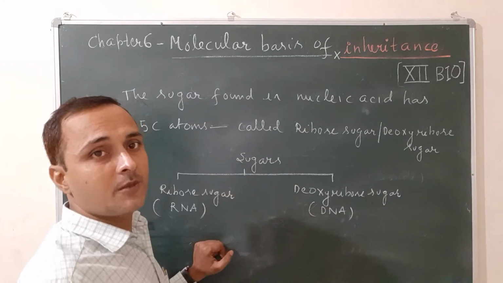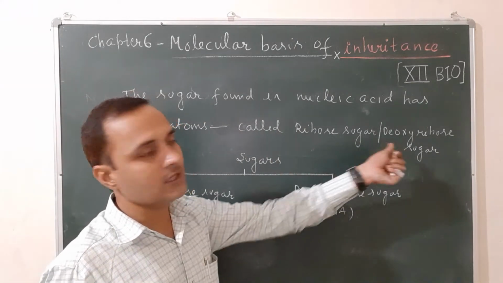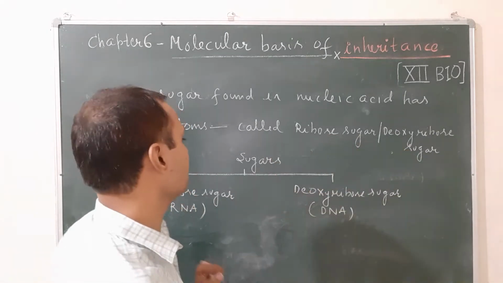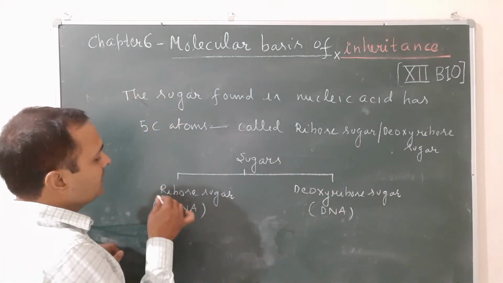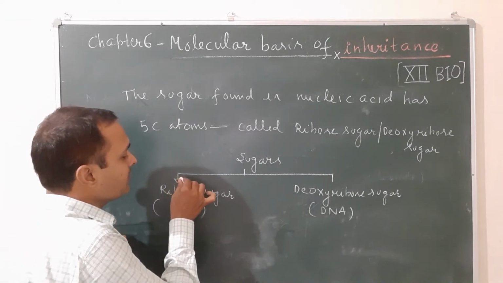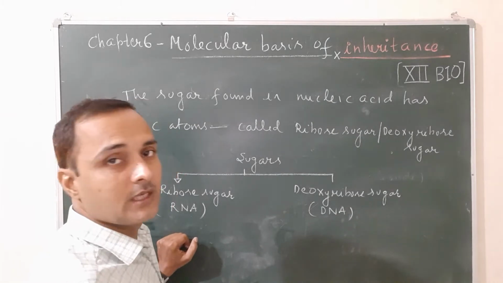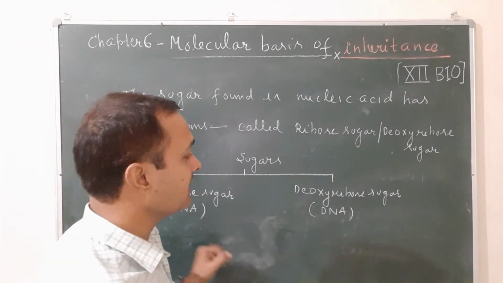So the sugar found in nucleic acid is ribose or deoxyribose, having 5 carbons. When the sugar is ribose sugar, the nucleic acid is RNA, and when the sugar is deoxyribose sugar, the nucleic acid is DNA.